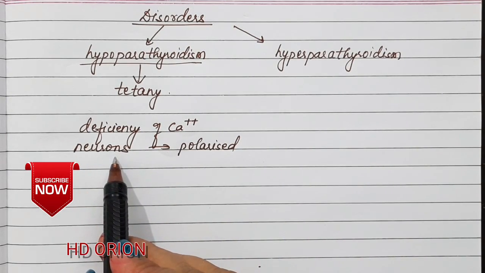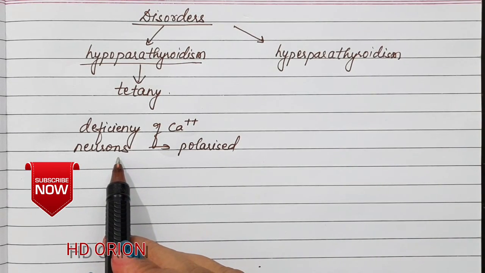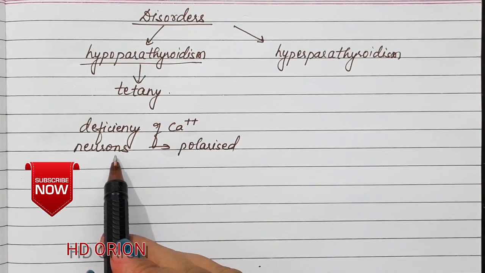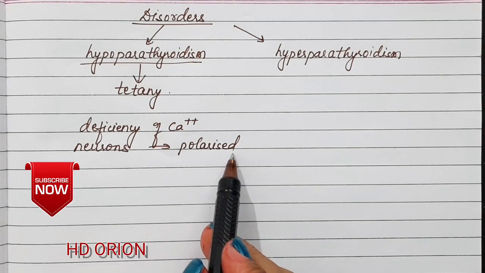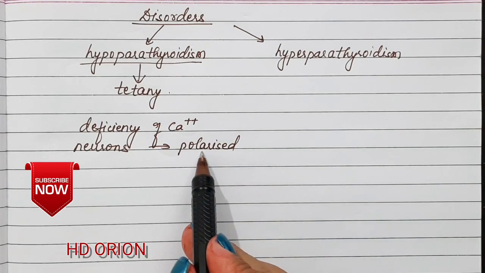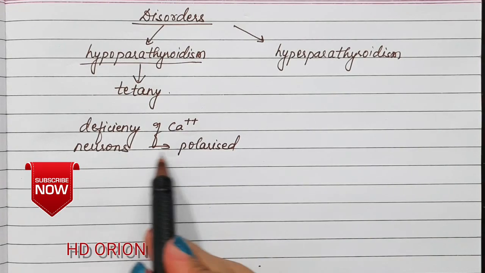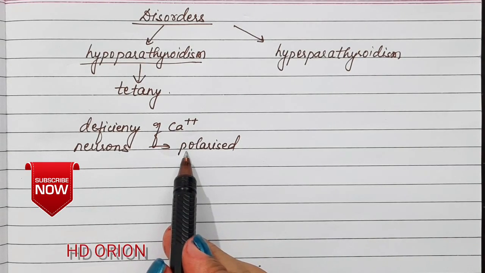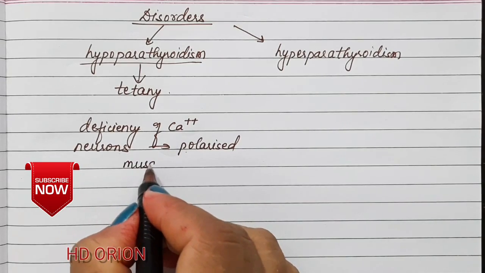You may see my videos for that nervous system, in which we have studied how the stimulus moves in the neuron. It is by polarization and depolarization. So the neurons automatically get polarized without any stimulus. The neurons are polarized only when there is an external stimulus. But due to deficiency of calcium, the neurons automatically get polarized, and there is continuous muscle twitch.